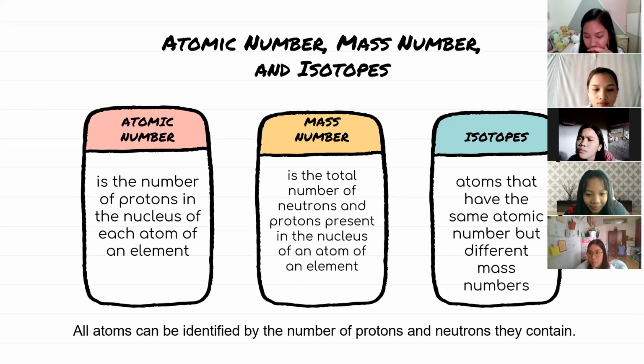So how can we identify an atom? Actually, atoms are identified by their number of protons and even their neutrons.